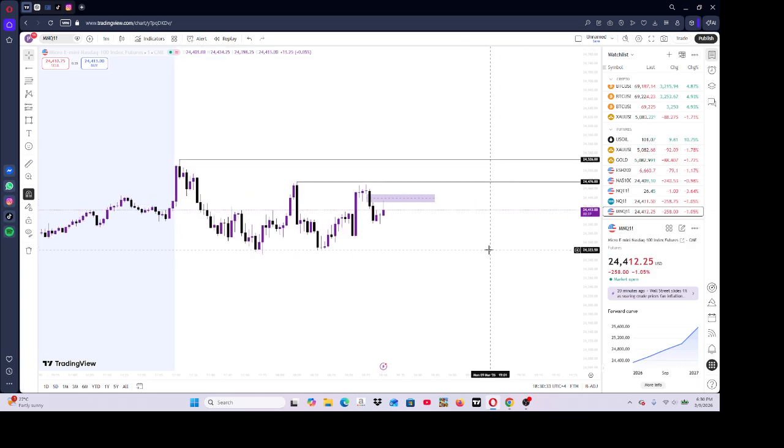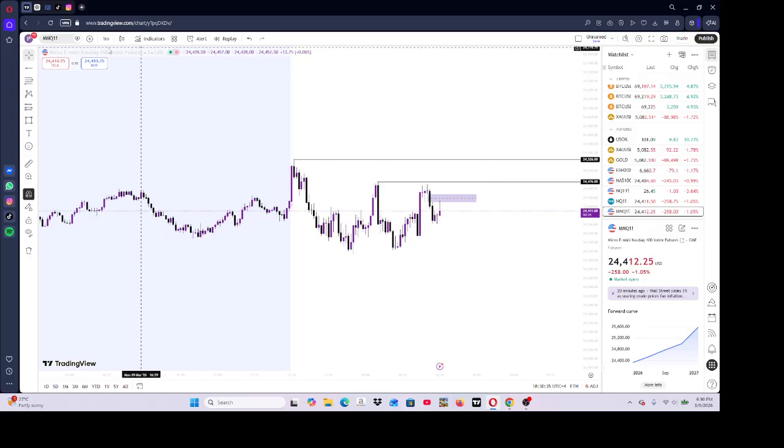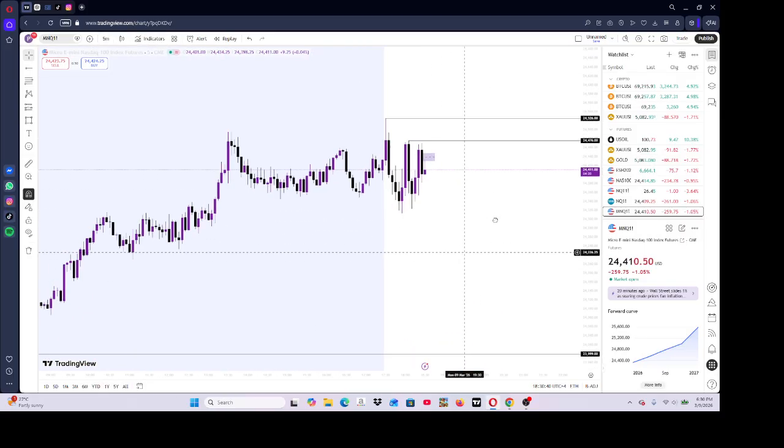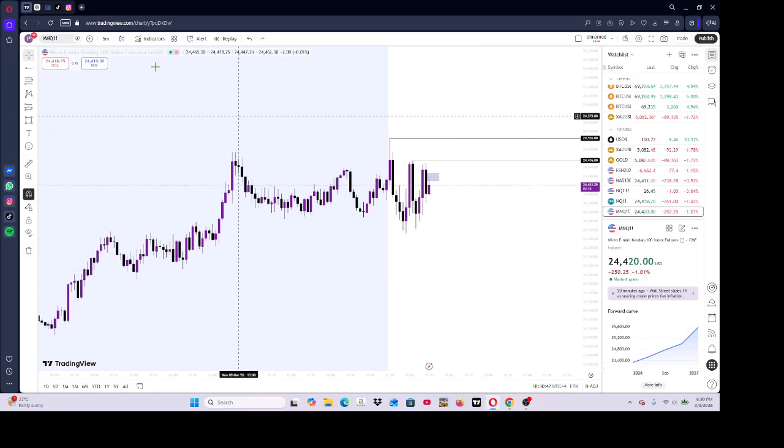If it respects, I will look for the shorts to take out the low draws on liquidity. If it inverses, I will look for the longs.